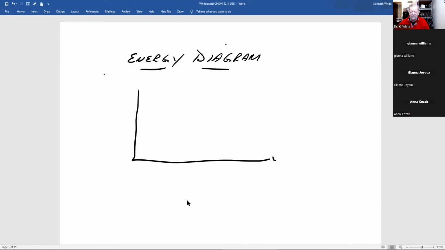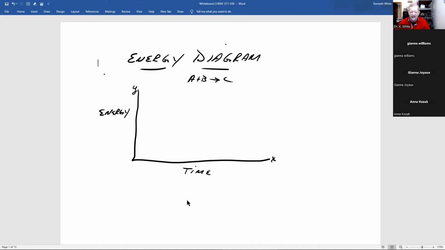On the x-axis, in case you forgot, that's this one, we have time. On the y-axis, we have energy. Let's look at the reaction A plus B makes C. Now, molecules possess energy. I'll talk more about this later on this semester, but each molecule has a certain amount of energy due to the chemical bonds involved or the electrons.